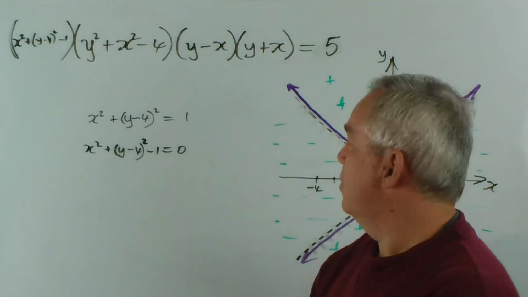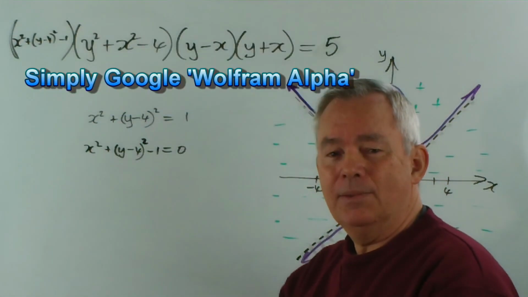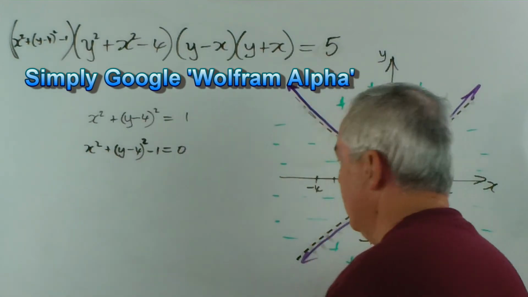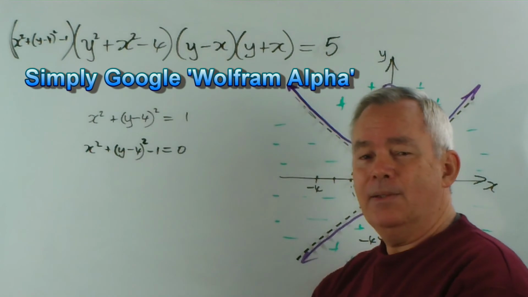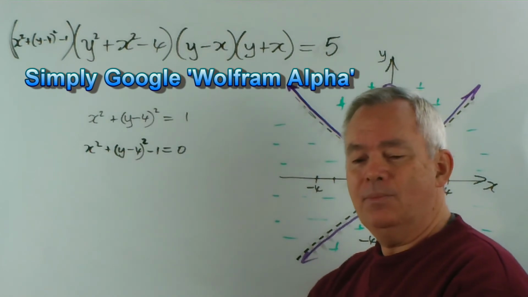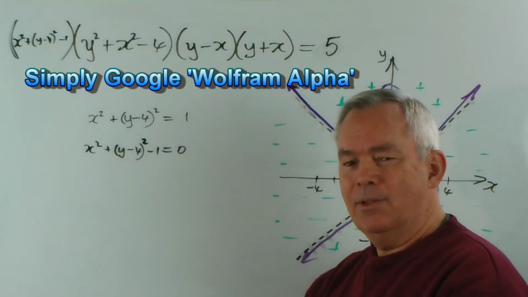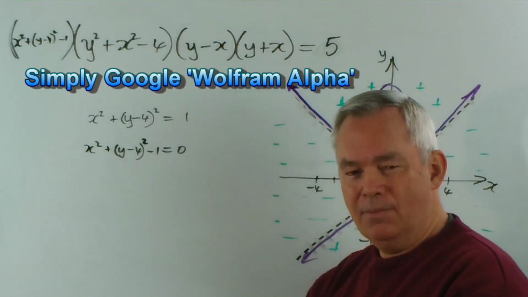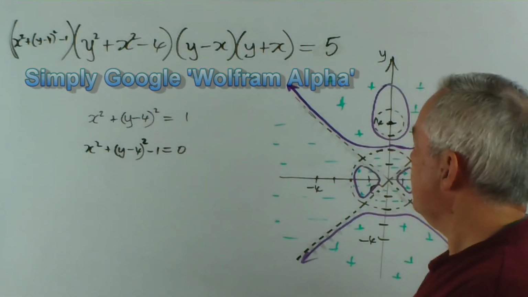I encourage you to type in things like that into Wolfram Alpha. Oh, I'll just put it up on the board. I really encourage you to go there. And if you think you'll visit a lot, then the subscription's not that expensive, and I encourage you to subscribe and really play around. You'll learn a lot about graphing.